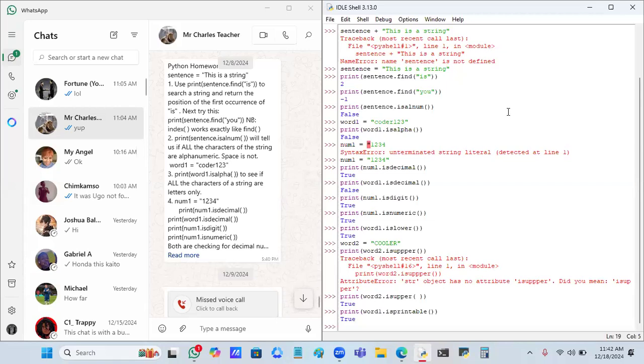I'm on isalpha now. Isalpha returns true if all the characters in the string are in the alphabet.